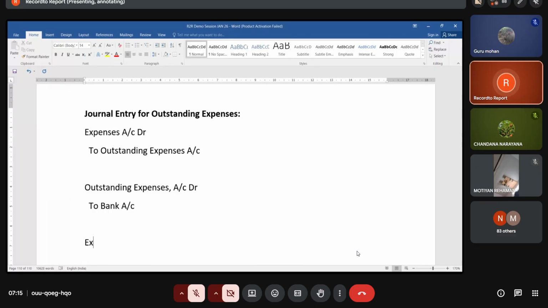See the example: ABC company's employee salary for the month of January 2026 is 1 lakh.